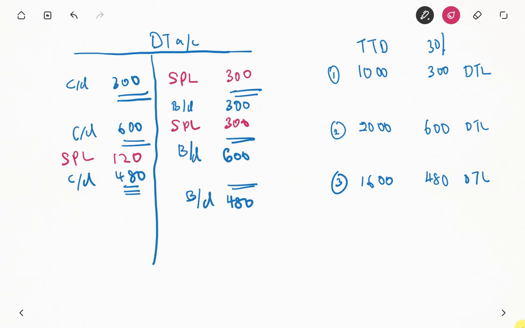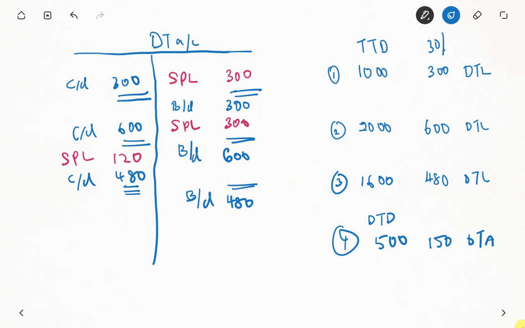Balancing. The following year, year 4, compare, and now I have a DTD, a deductible temporary difference of 500. In the future, I can deduct 500 from my tax, so I'm going to save how much? 30% will be 150. So a deferred tax asset is recognized now.